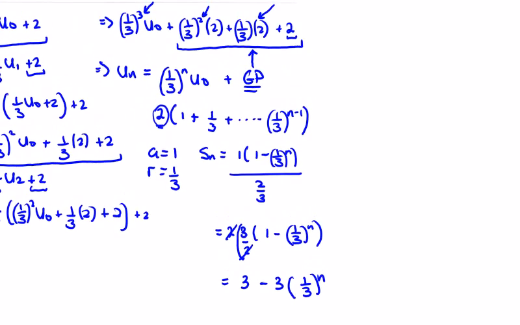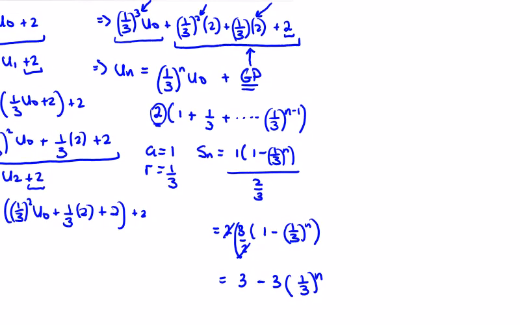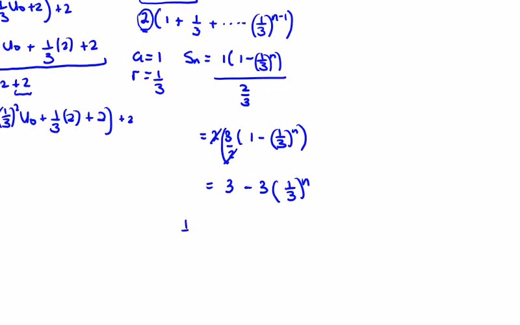And we bring back down the beginning, which was a third times u0, a third to the power of n times u0, sorry, from here. So we have a third to the power of n by u0 plus 3 minus 3 times a third to the power of n.